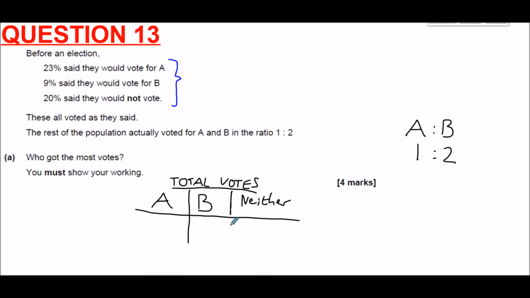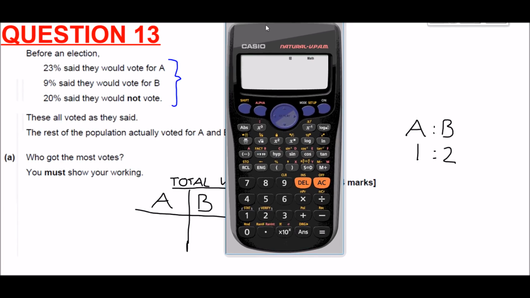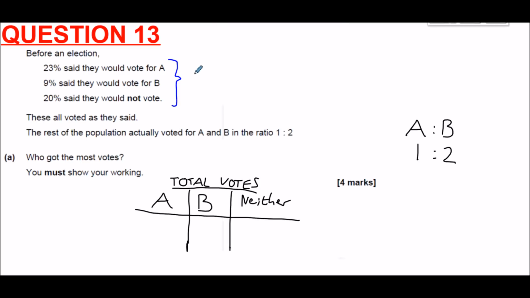So just draw that in just to anticipate our findings. Anyway, before the election, 23% said they'd vote for A, 9% B, 20% said they wouldn't vote. And so we can add up these figures here to work out what percentage of the population these people are. 23 plus 9 plus 20 comes to 52%. And so this bit represents 52% of the population.